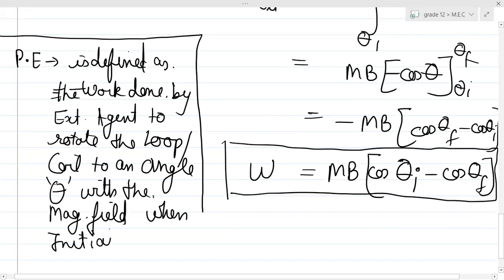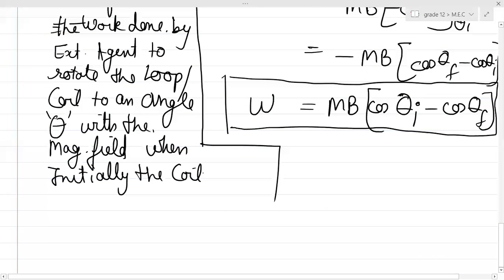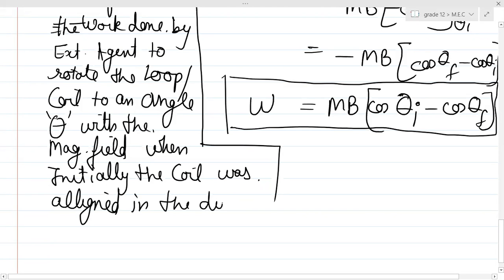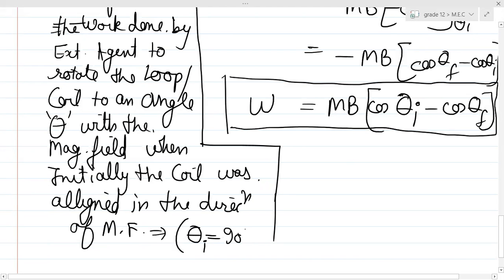Initially the coil was aligned in the direction of the magnetic field. So initially when the coil was aligned in the direction of the magnetic field, that implies the initial angle will be theta 90 degrees.